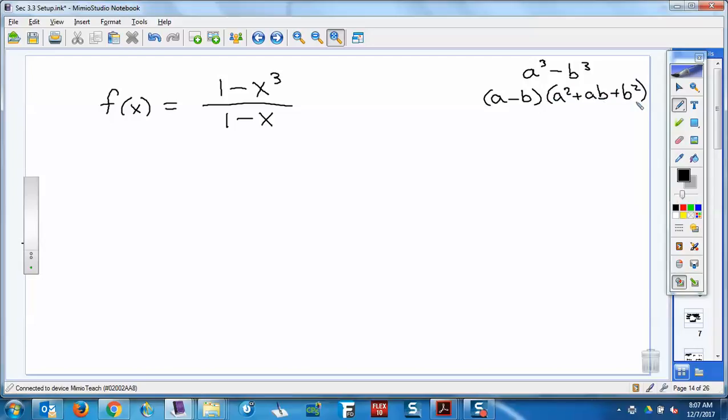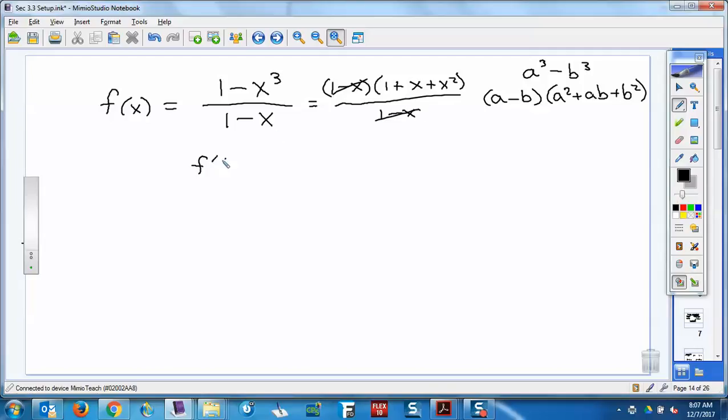That's the difference of cubes factoring pattern, okay? So this would factor into 1 minus x, and then 1 plus 1x plus x squared, all over 1 minus x, okay? And then those would cancel, and we'd be left with that.